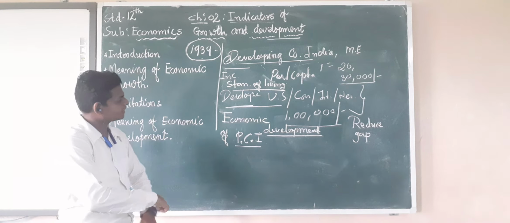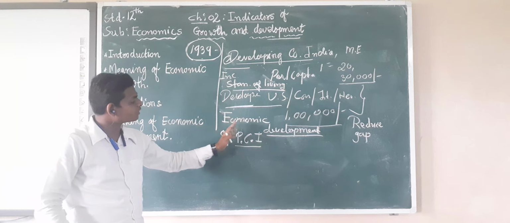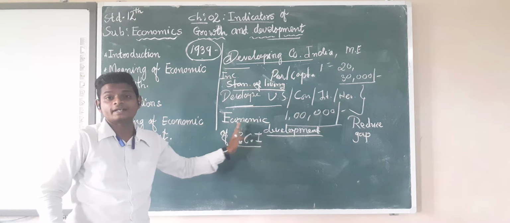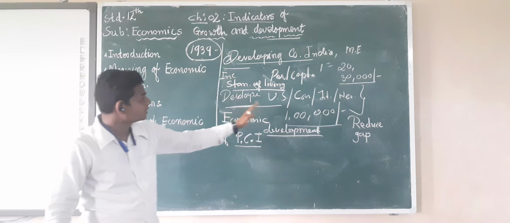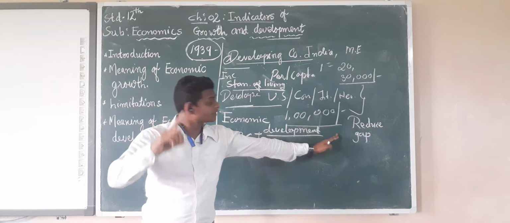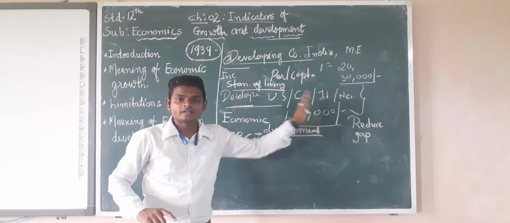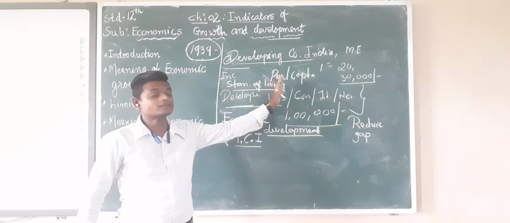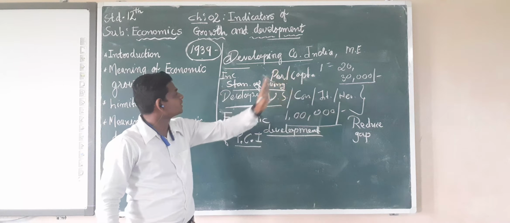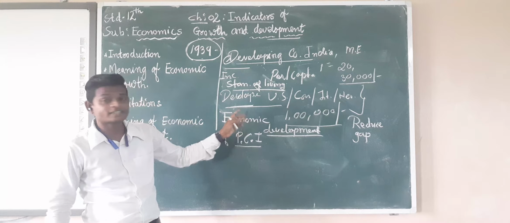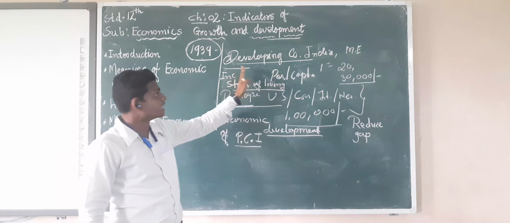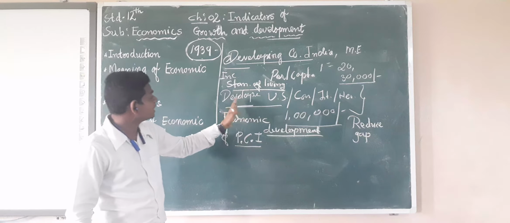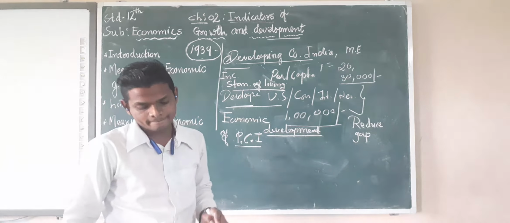So in this way they are trying to develop the economy by reducing the gap. First step is to reduce the gap in PCI, per capita income, between the developed countries and the developing countries. Second thing, developing countries are trying to increase the standard of living.